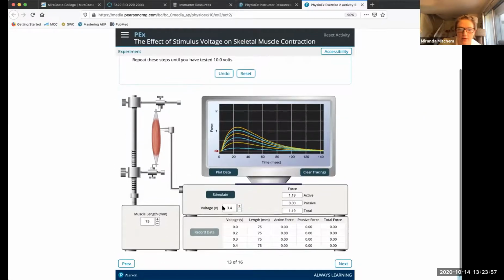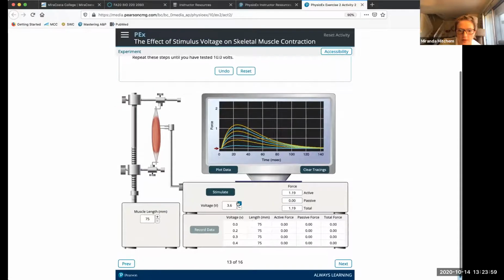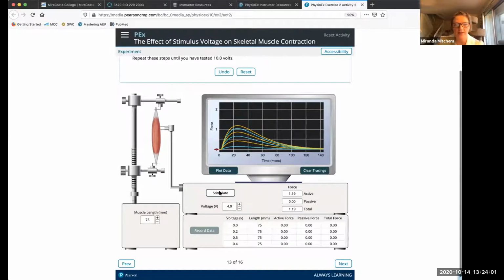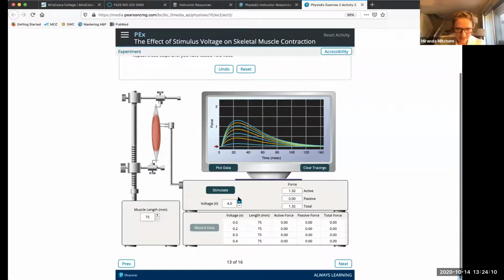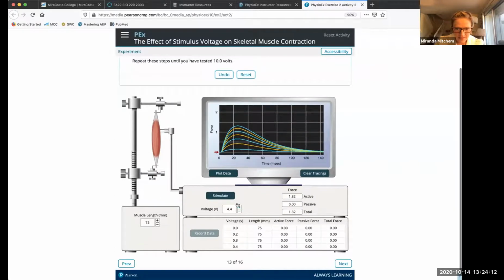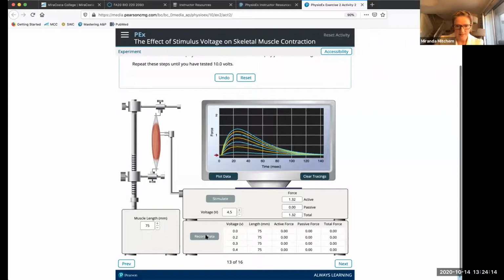Okay, now we're going to go to 4. I was trying to find a quicker way. There isn't. So at some point, we're going to be able to determine whether we find a voltage that does not have an effect.